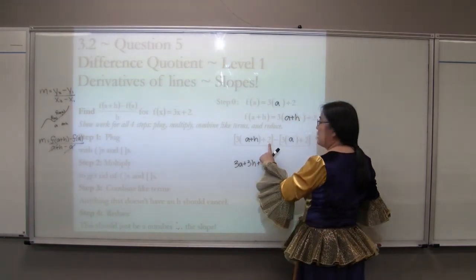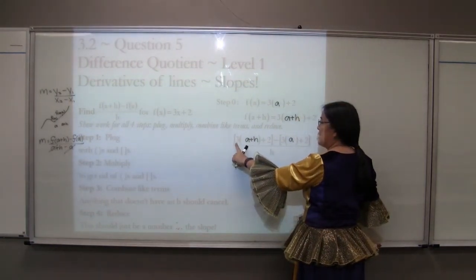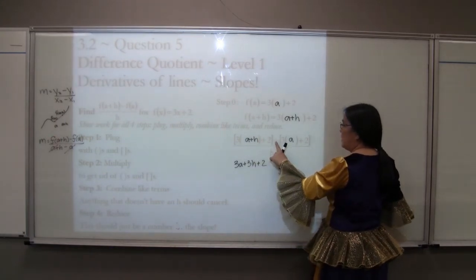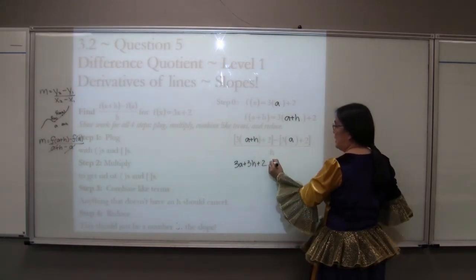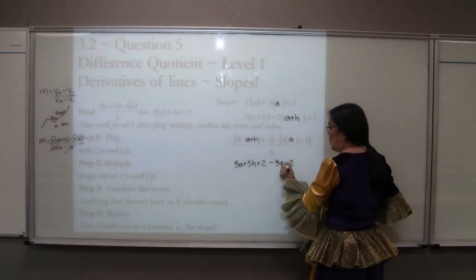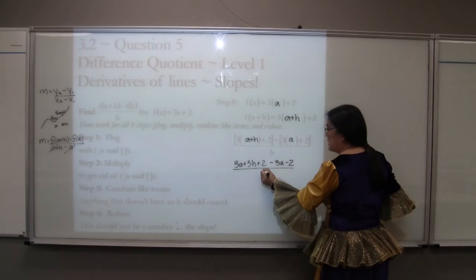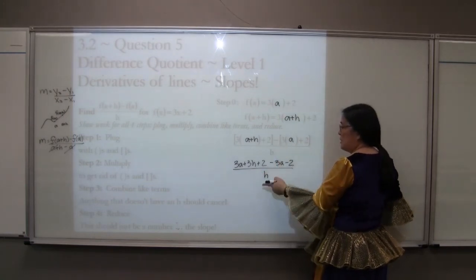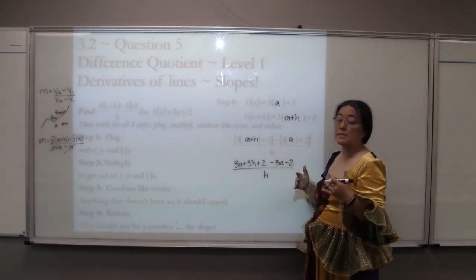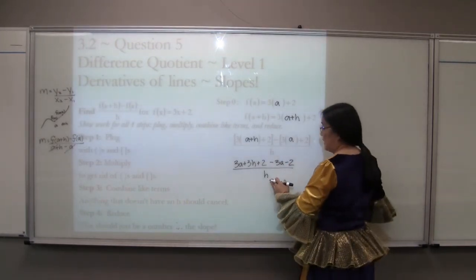Be careful, I've had some students get 6 because they accidentally distribute. This tells you to stop. Now I have a negative times 3a and a negative times a 2. Still all over h, because we cannot have the amazing disappearing reappearing denominator.